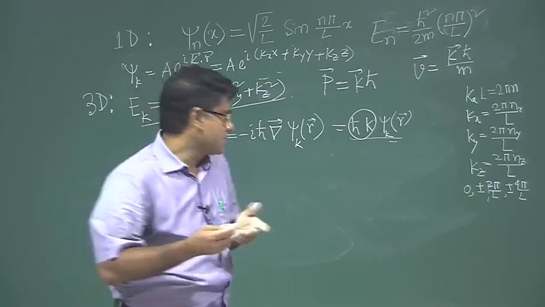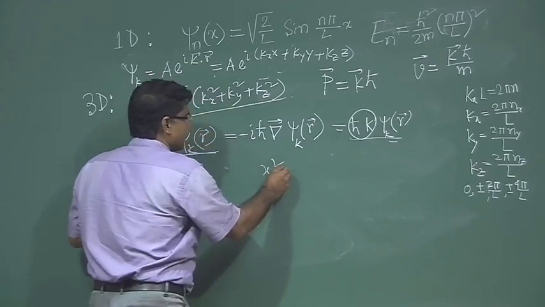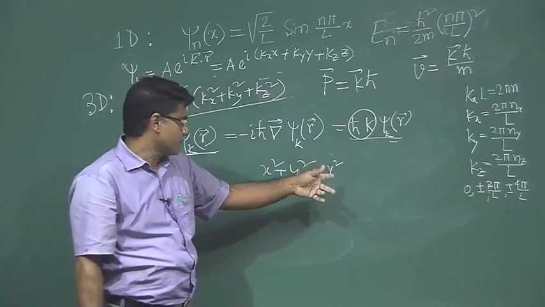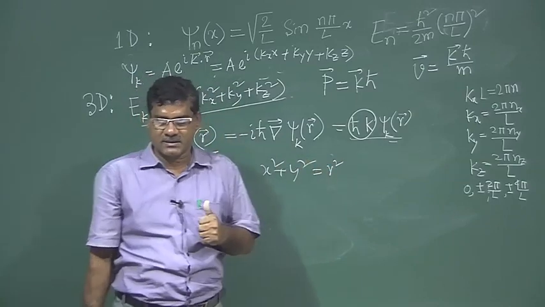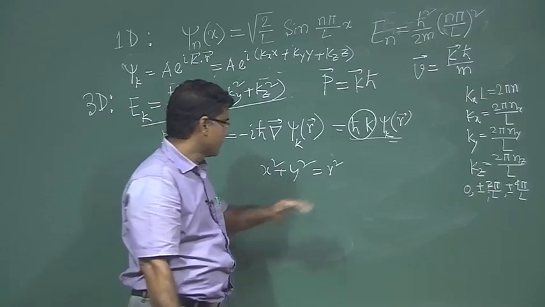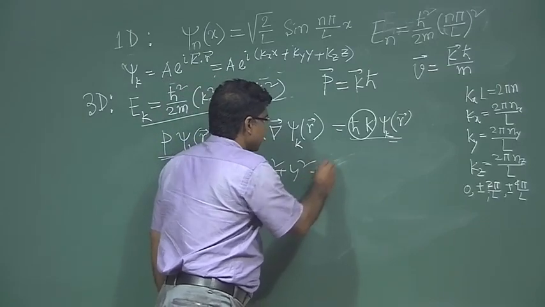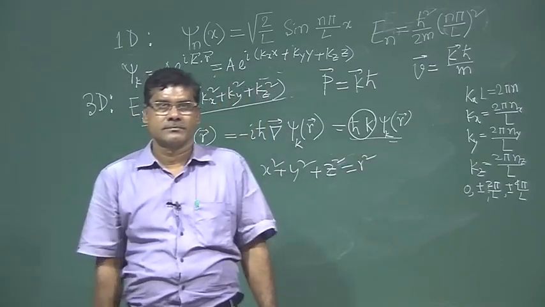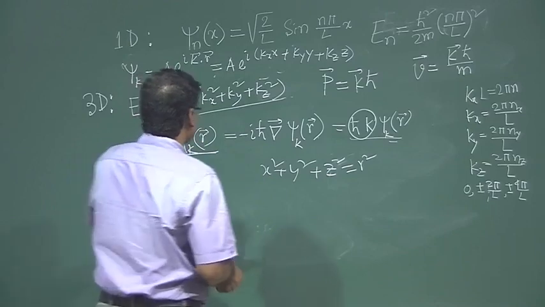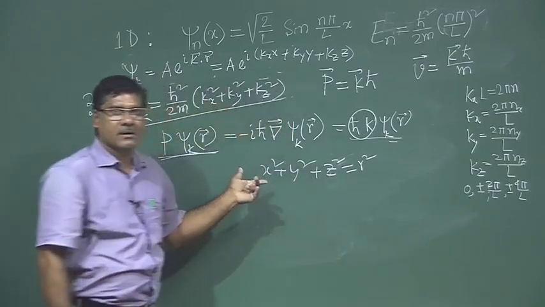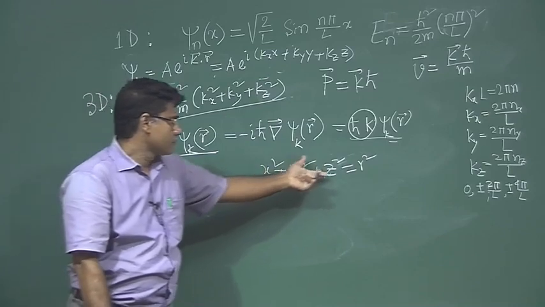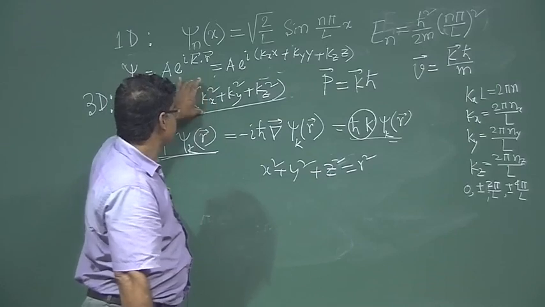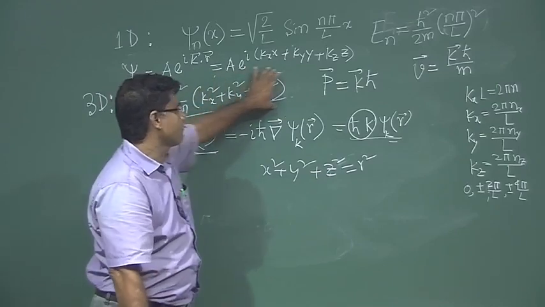Because you know the equation x square plus y square equals some r square is the equation of a circle, and in 3 dimensions it will be a sphere. This is in x y z coordinates in space, and this is the similar form.